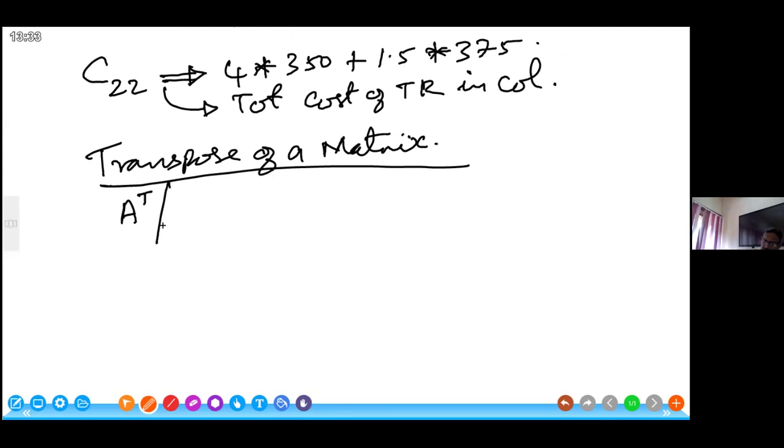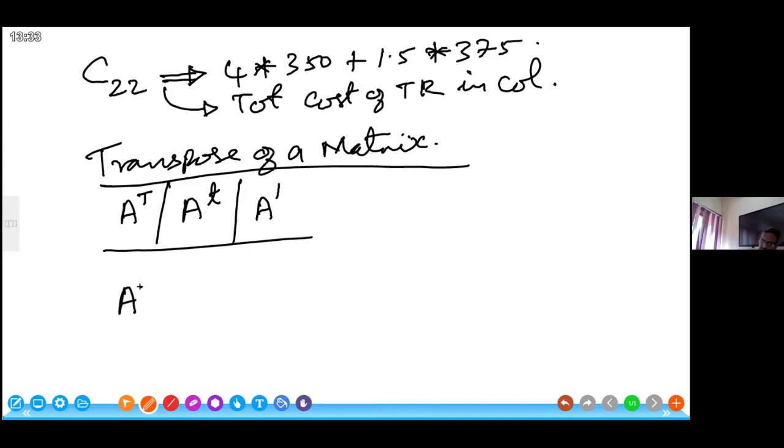In certain books it is indicated as A^T with a simple T. In certain books it is indicated as A transpose. So it doesn't matter whatever notation we are using. All are indicating transpose.